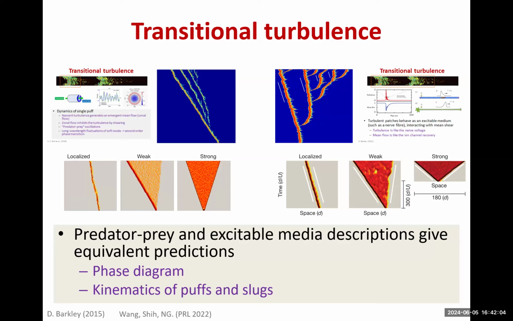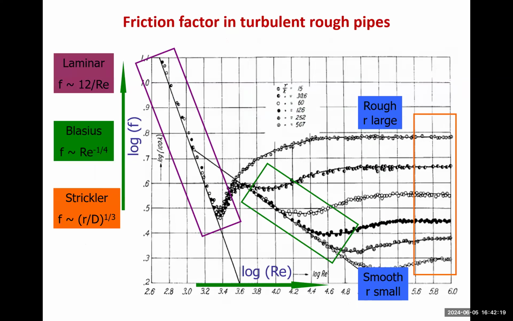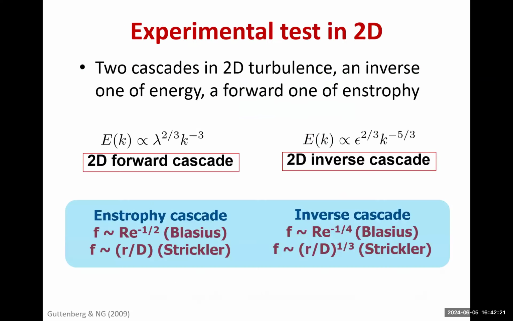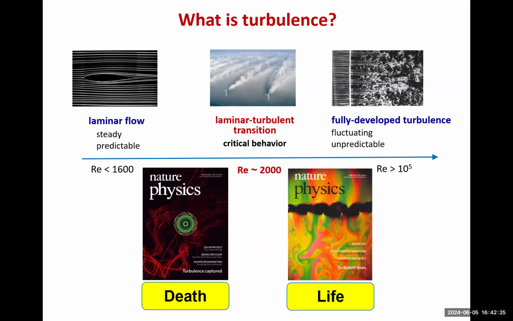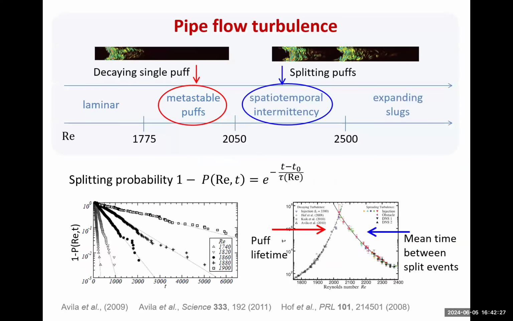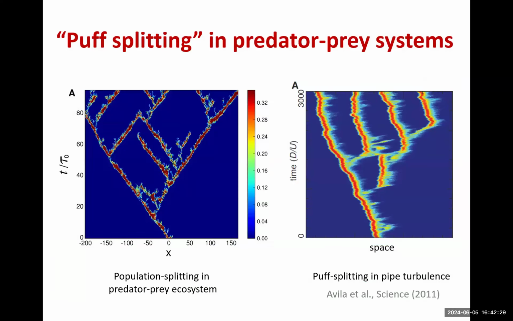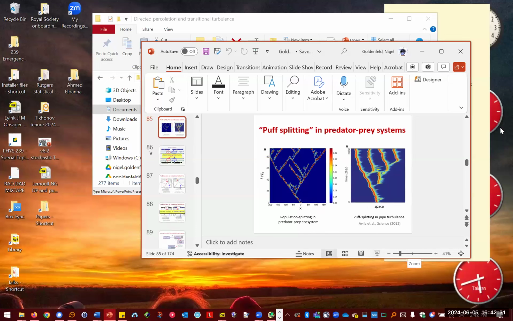There's the puff, and there's a thing called a slug, which has one active front and one tail, and a strong slug, which has two strong fronts. And the mathematical theory of that predicts that. I want to show you that, but it's not in this talk.